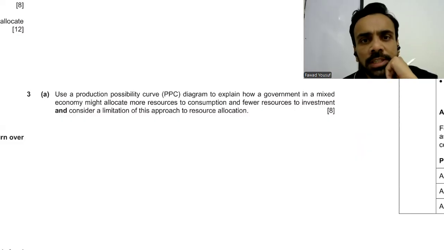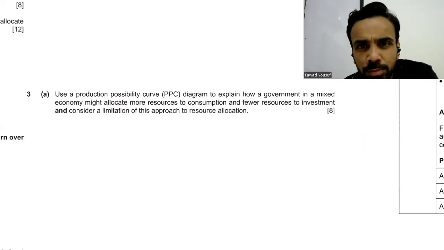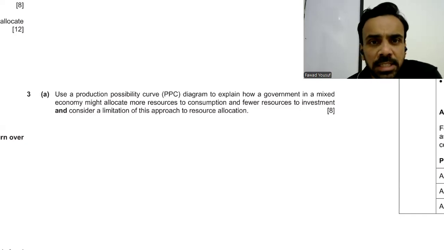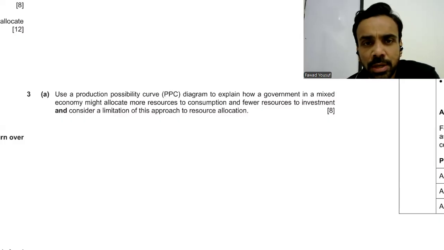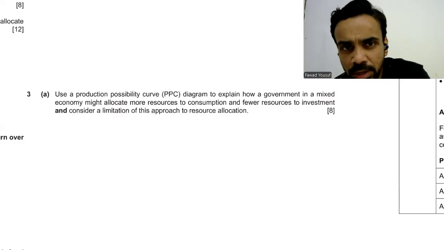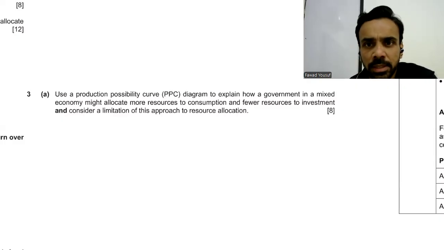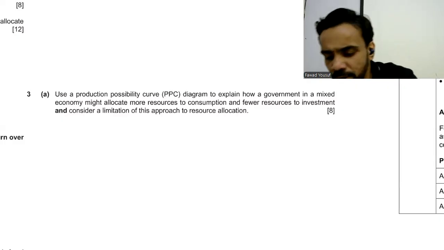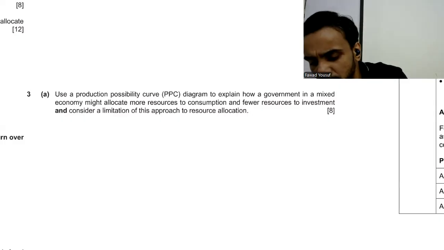Use the production possibility curve diagram to explain how a government in a mixed economy might allocate more resources to consumer consumption and fewer resources to investment, and consider a limitation of this approach to resource allocation. So we have to do a diagram. I think diagram के अंदर the two goods. What do you think the two goods will be that we'll talk about?